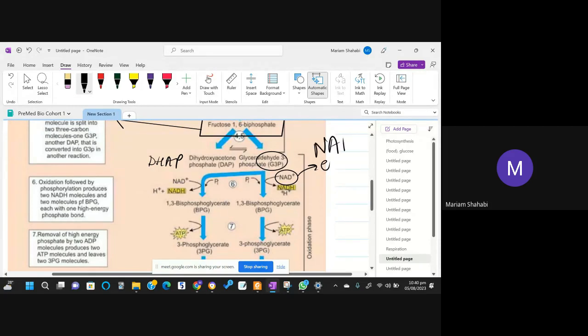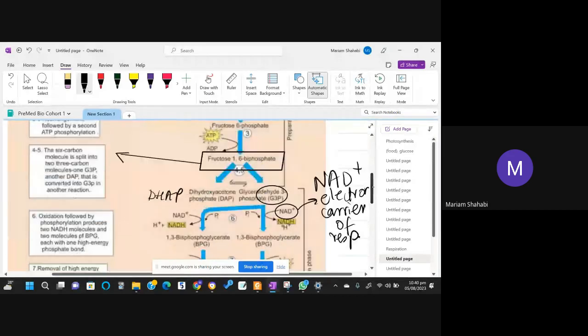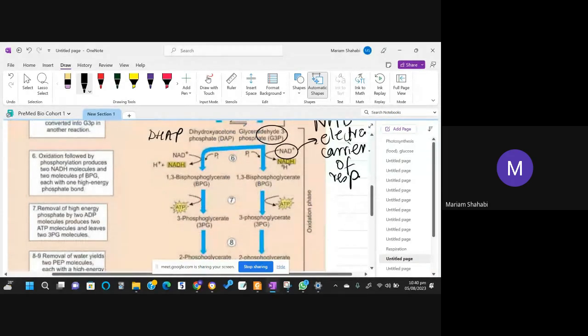NAD plus is the electron carrier of respiration. NADP plus was the electron carrier of photosynthesis and NAD plus is the electron carrier of respiration. It will catch the electrons from here and convert into NADH. And NADH is actually a very useless form. I'll tell you why in a minute.